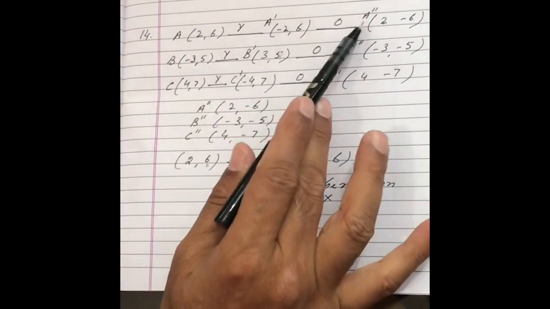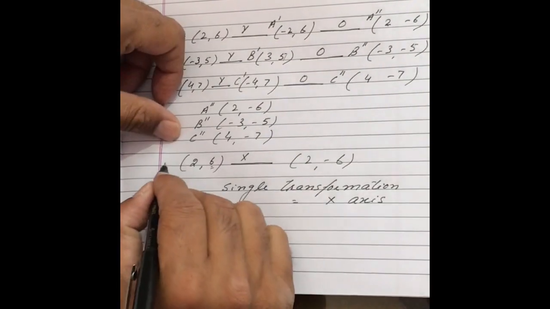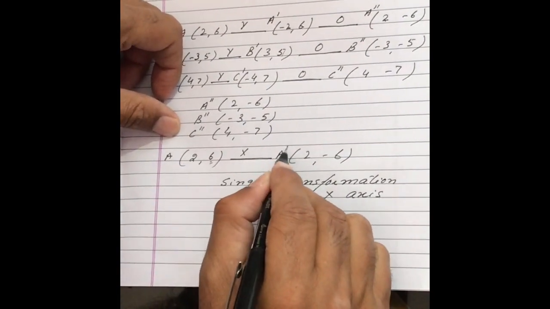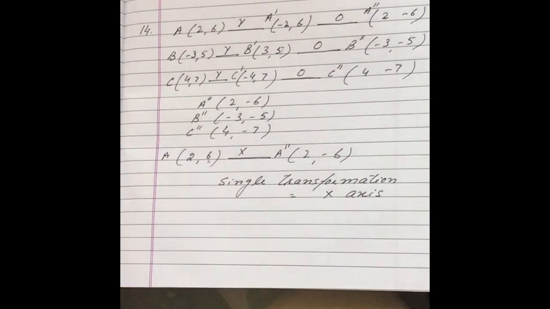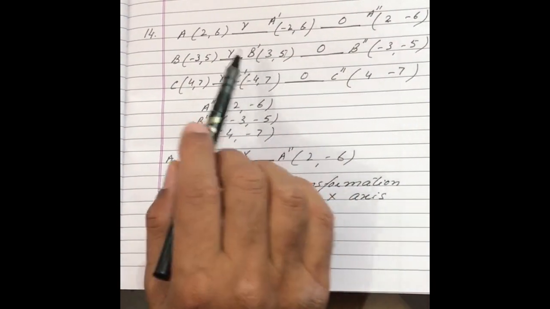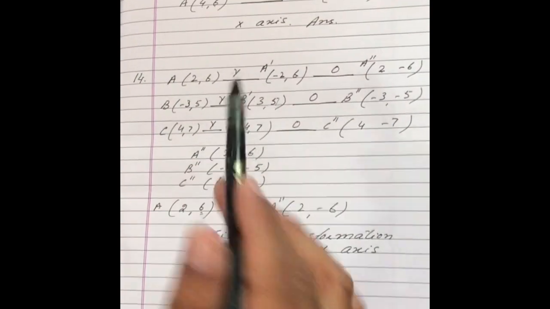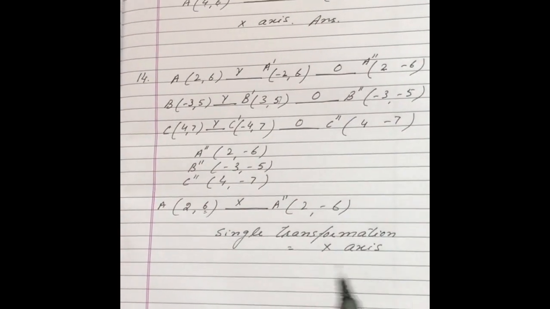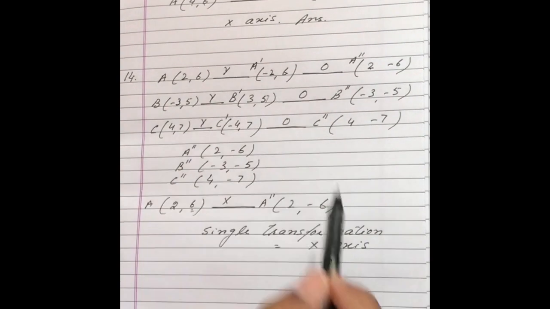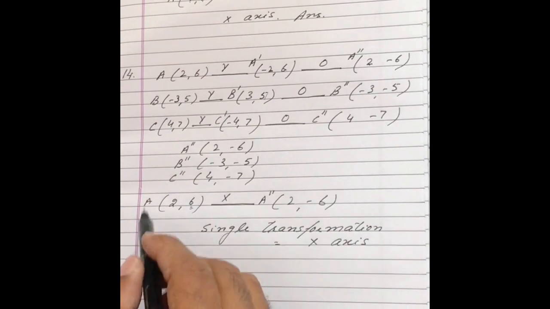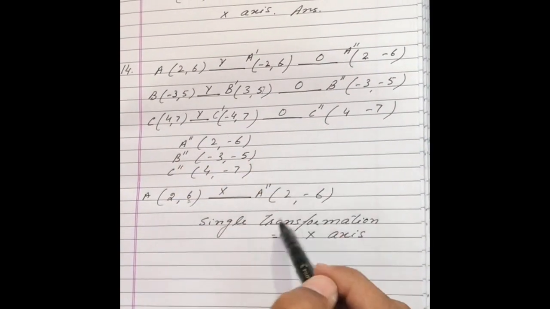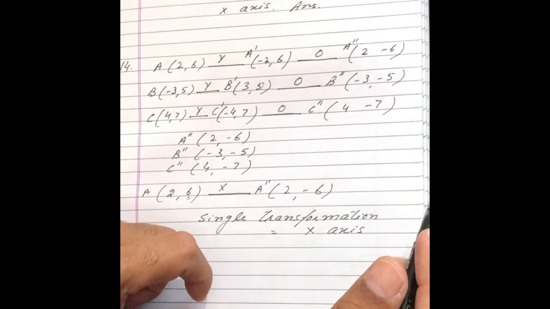So when A to A double dash, the single transformation will be x-axis. So y-axis means x, x-axis means y, that you will be noting down. For every A, B and C, this will be x-axis.